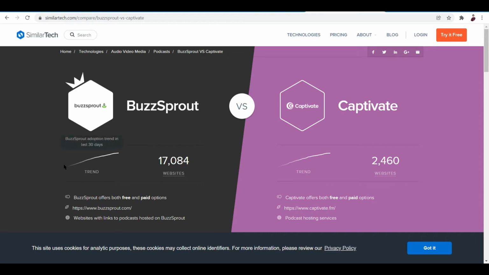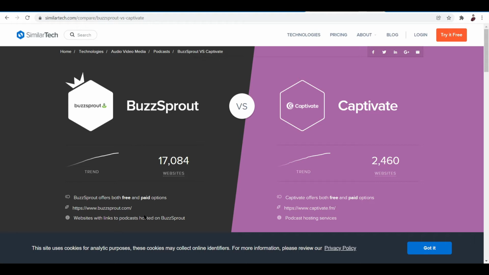So now let's take a look at the trend. Both of them are going up. And in websites, it's obvious that Buzzsprout has a lot more websites shown, 17,000 websites, while Captivate only has 2,460 websites.